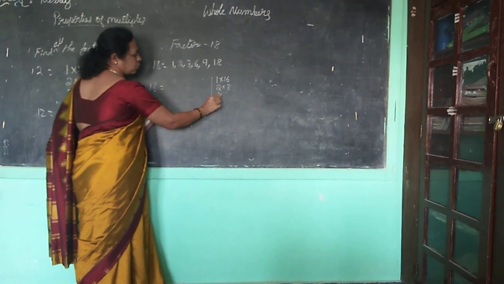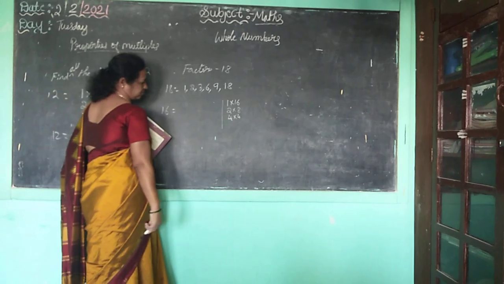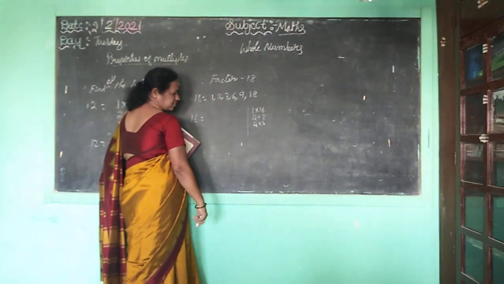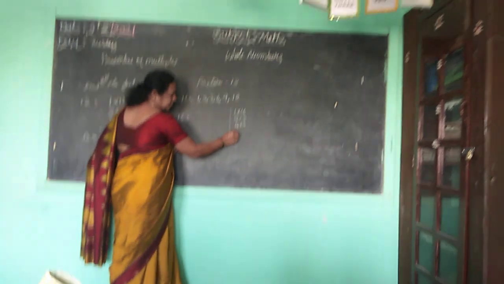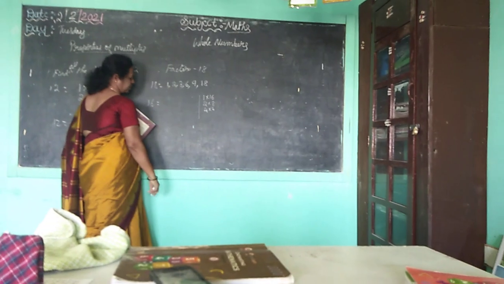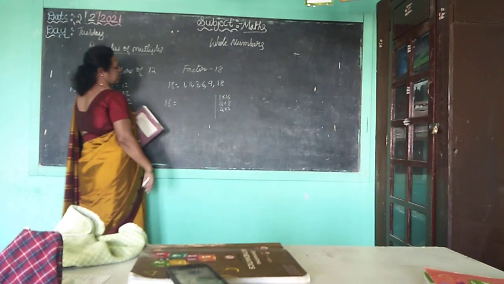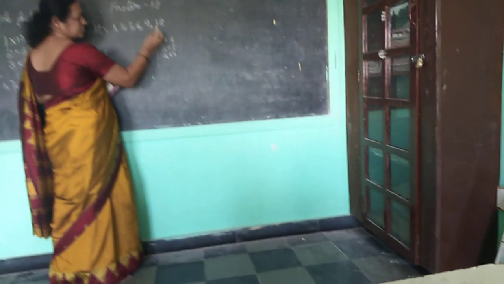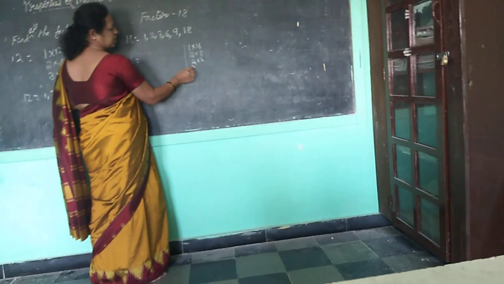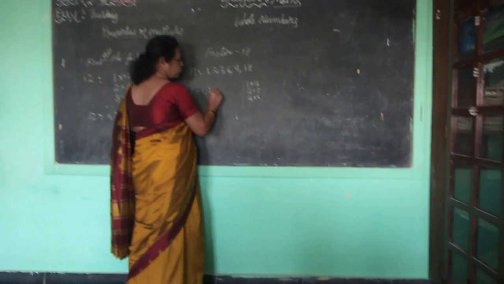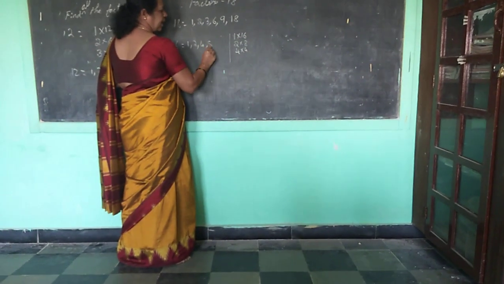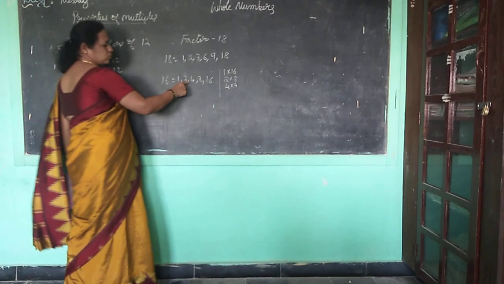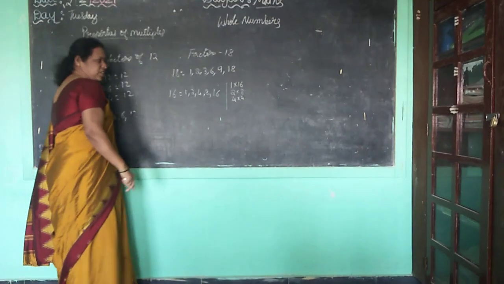No. 4 fours are 16. 5, 6, 7, no. 8 twos are 16. 9, 10 it will not go. 11, 12, 13, 14, 15, not. 16 ones are 16. So the factors of 16 are what? 1, 2, 4, 8, 16, children. All the factors of 16 are 1, 2, 4, 8 and 16.